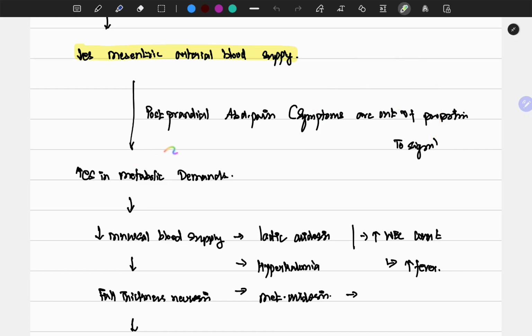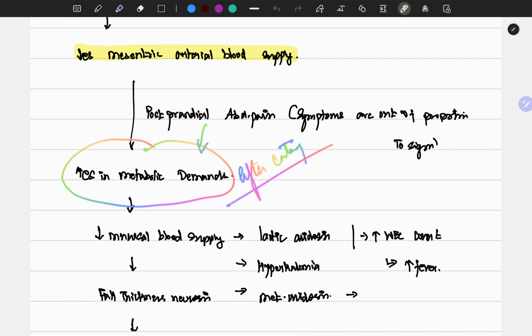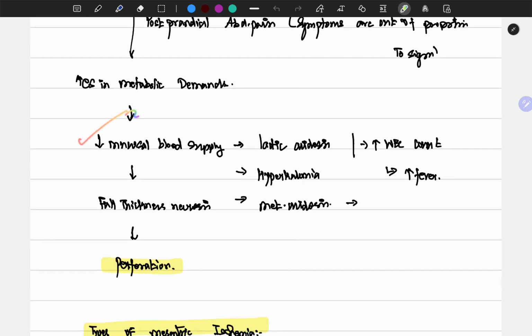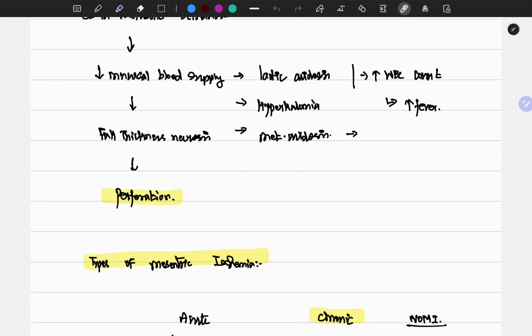So if there is increase in metabolic demands after eating, that is postprandial, there is a decrease in the mucosal blood supply, which will lead to lactic acidosis, hyperkalemia, and full thickness necrosis will cause metabolic acidosis. So as we know, anaerobic metabolism, lactic acidosis occurs, sepsis sets in, increase in WBC count, fever response, and full thickness necrosis mainly causes perforation.